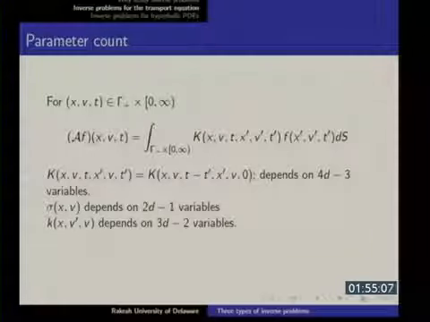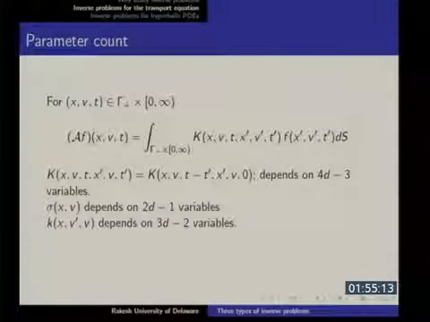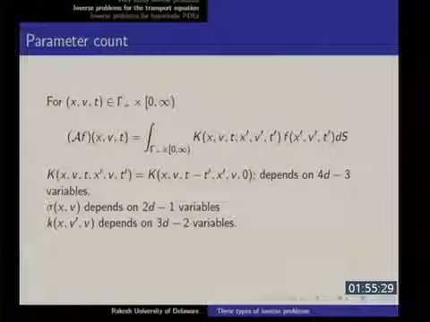This depends on 4D minus 3, where D is the number of dimensions you're working in. Whereas what you're trying to recover depends on 2D minus 1 and 3D minus 2. So for dimension D greater than or equal to 2, this is always greater than this. So all the problems are overdetermined, meaning we have more information than supposedly we should need.